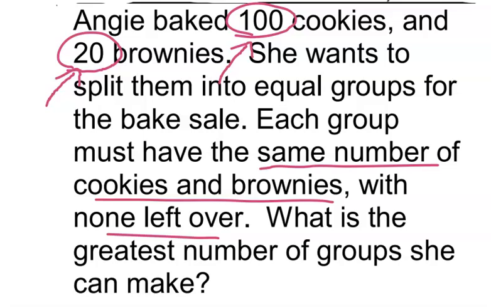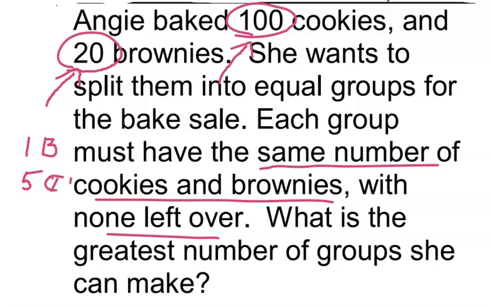So basically, what we're trying to find is the greatest common factor, which we did. The biggest number that goes into both is 20, which means each group is going to have 1 brownie. Okay, and then 20 goes into 100 5 times, and they're going to have 5 cookies. Let's just put a C there.